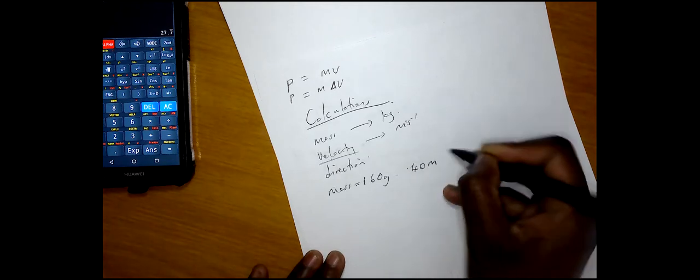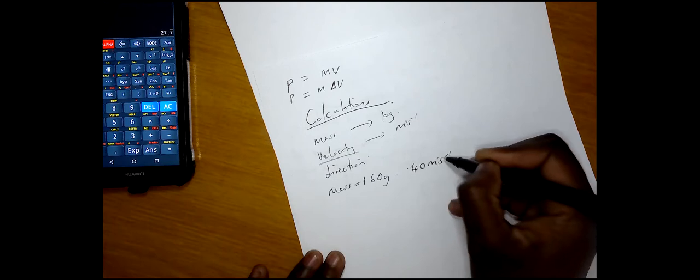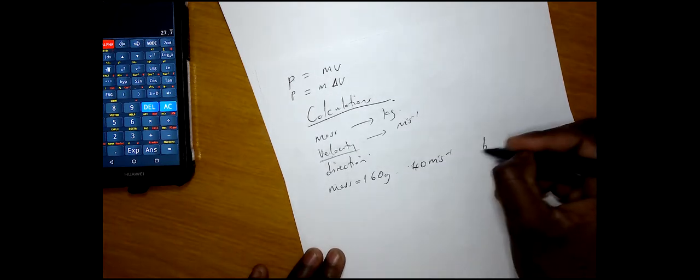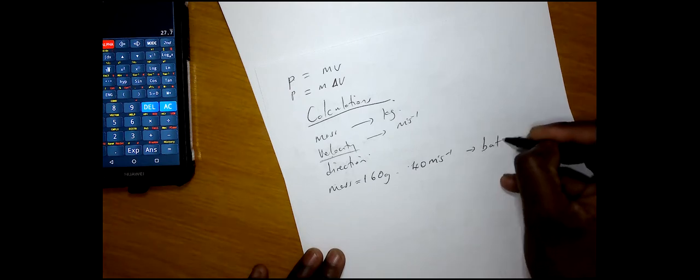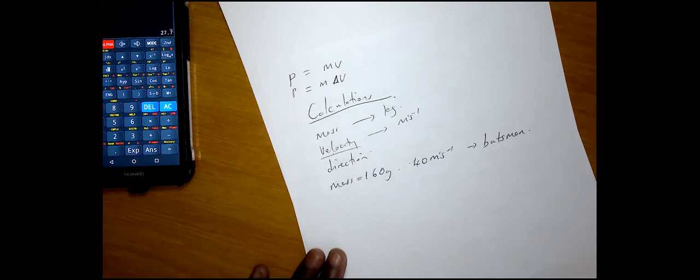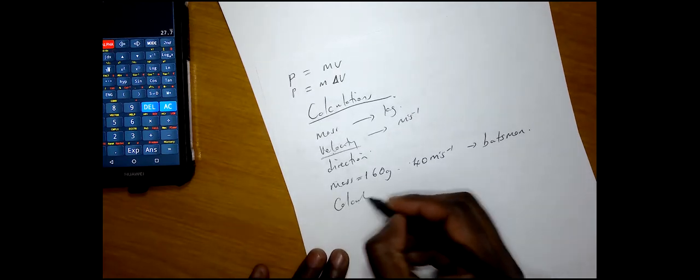It's bowled at 40 meters per second towards the batsman. Now we want to calculate the momentum of the ball.